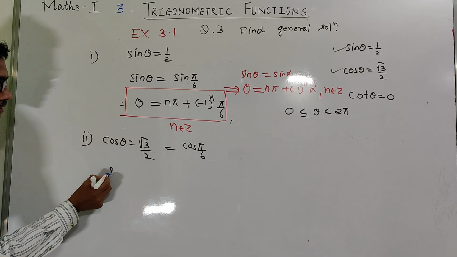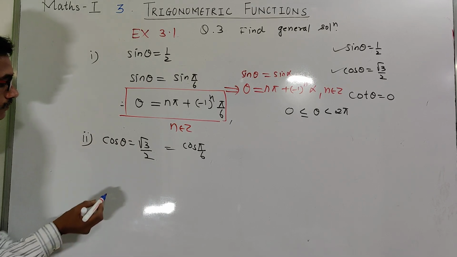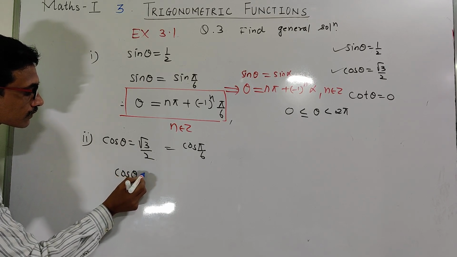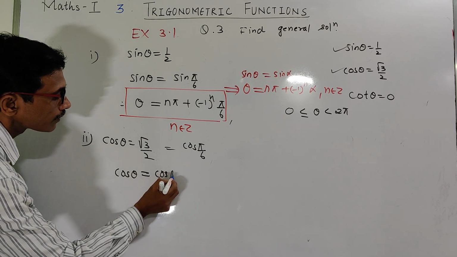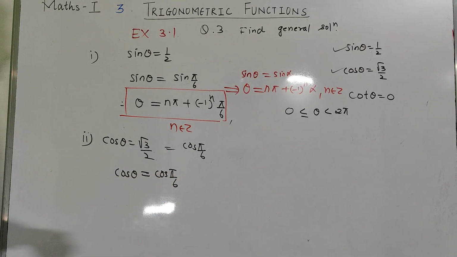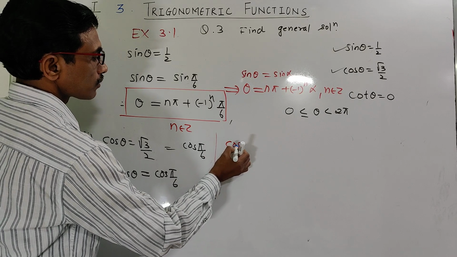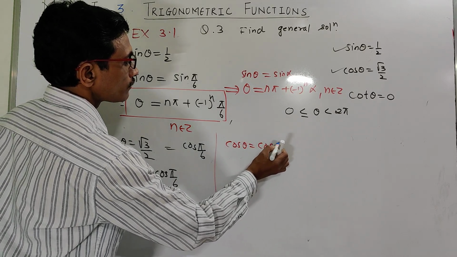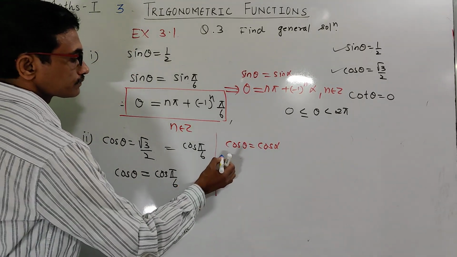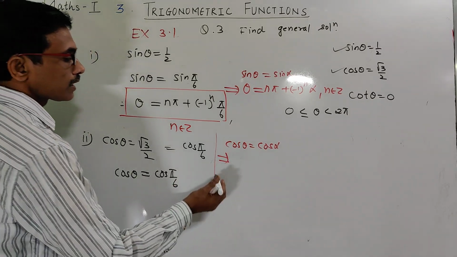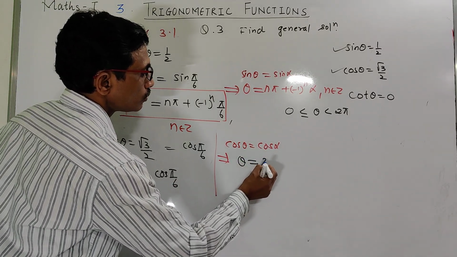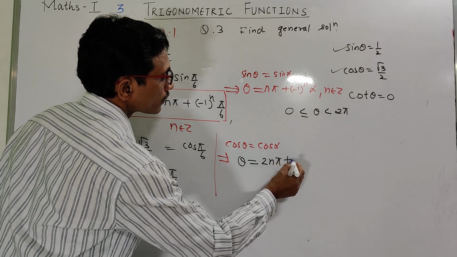Therefore we have this equation, cos theta is equal to cos of pi by 6. Now here we use this identity: cos theta is equal to cos alpha implies theta is equal to 2n pi plus minus alpha.